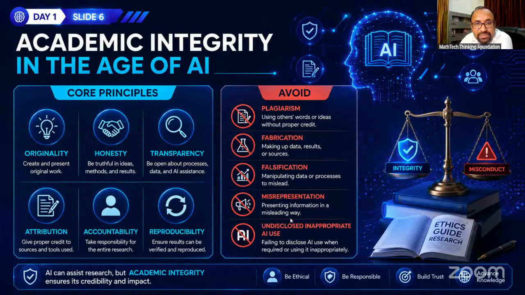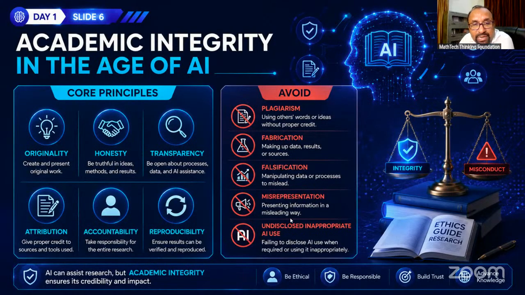This is fabrication. Okay. Fabrication means creating information that does not actually exist, for example, inventing experiments, observations, or references. So when you are using generative AI tools and the references are produced by them, and you verify and search for all these references, they will not exist.